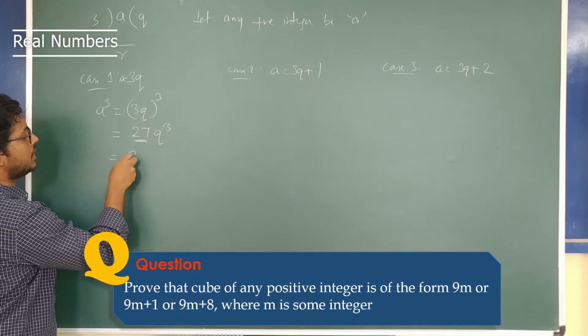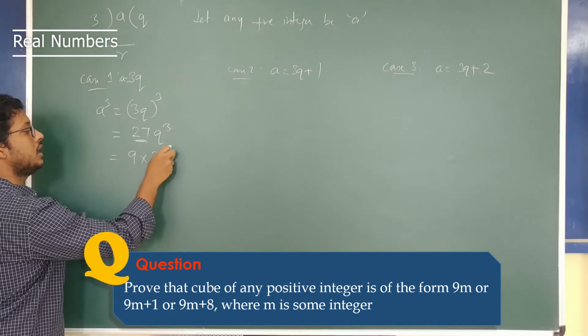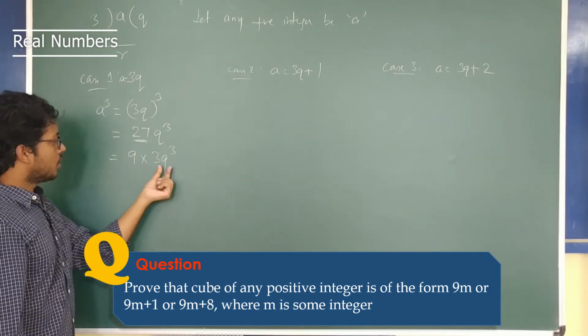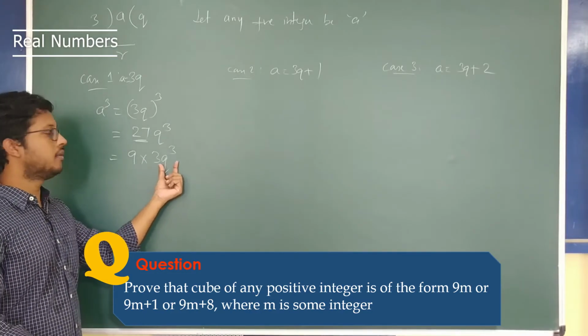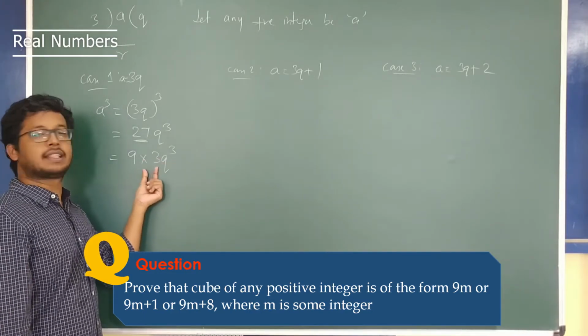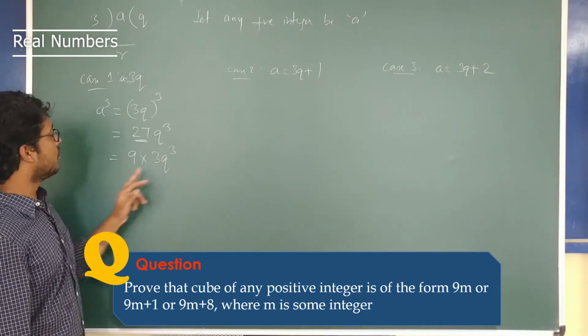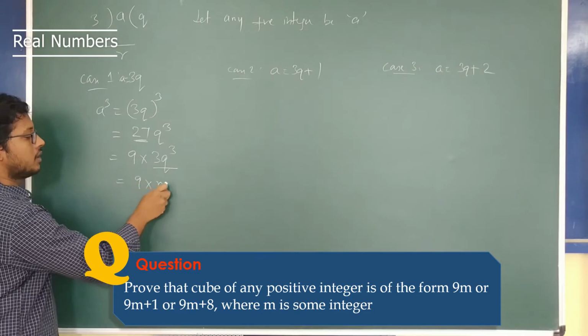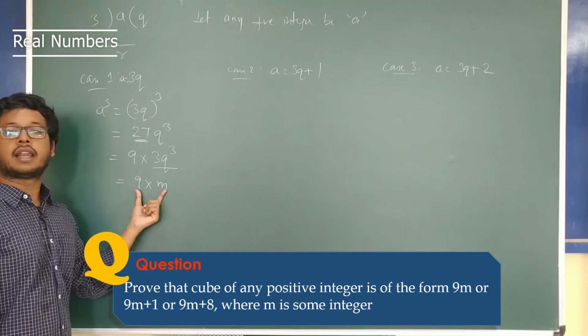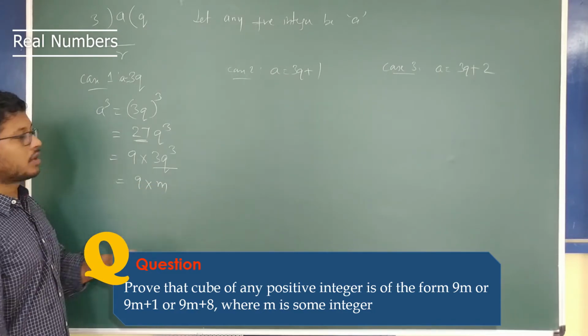This 27 can be written as 9 into 3q cube. So q is an integer, so q into q will again be an integer, multiplied by 3 is further an integer. So therefore 3q cube is an integer, so it can be written in the form 9m.